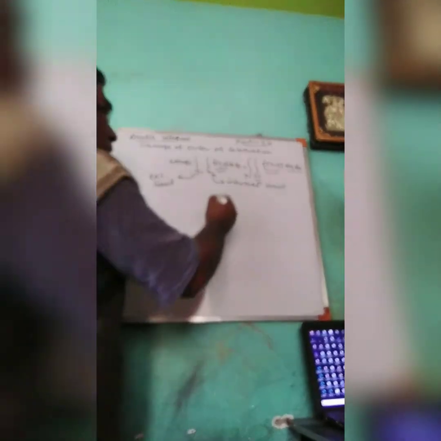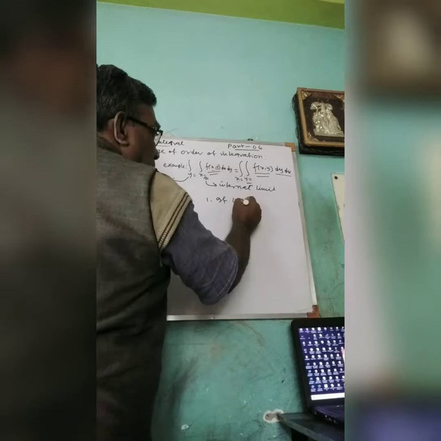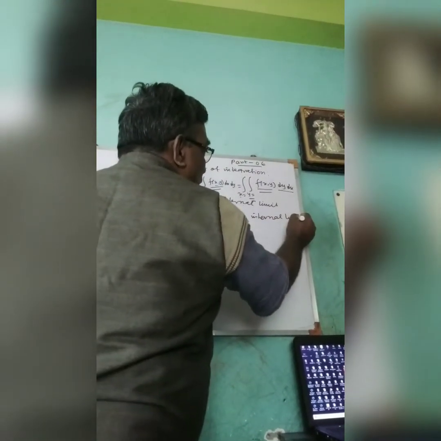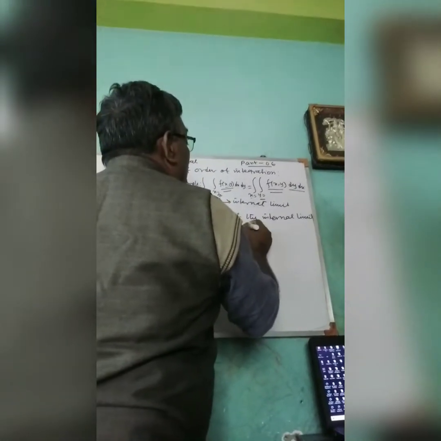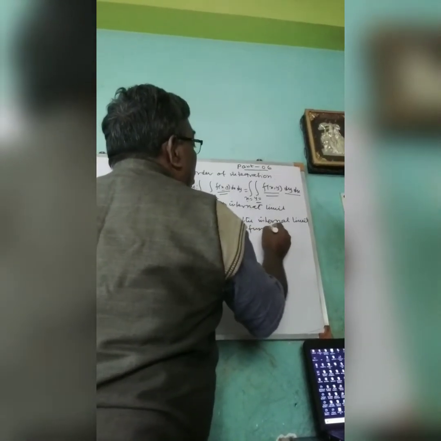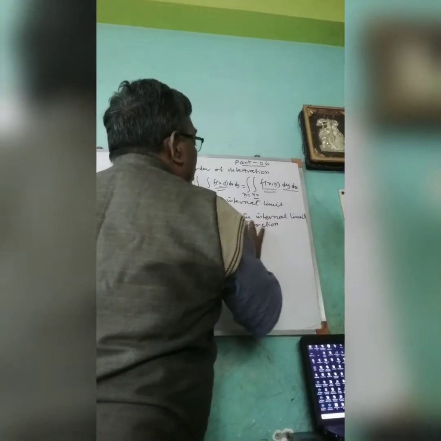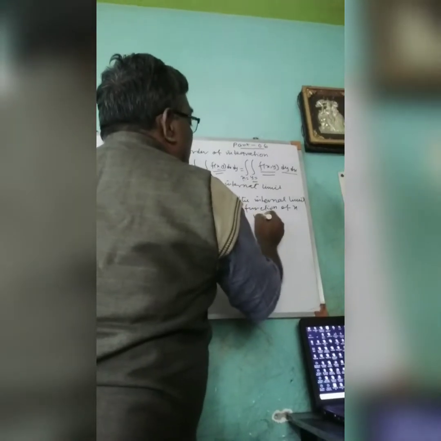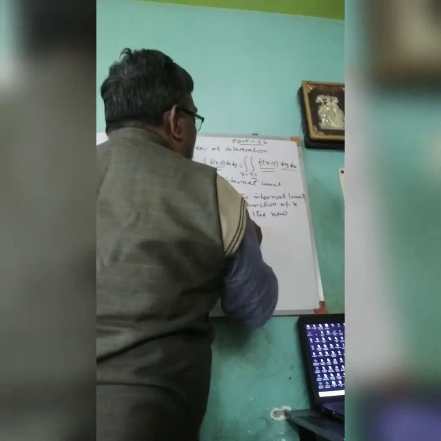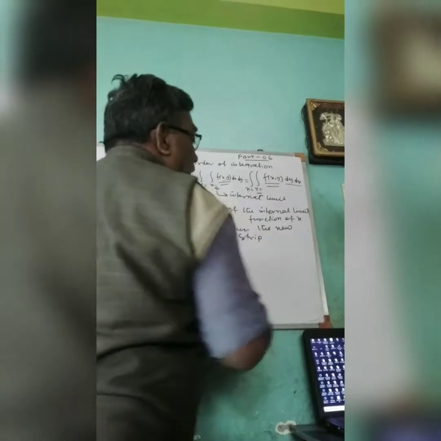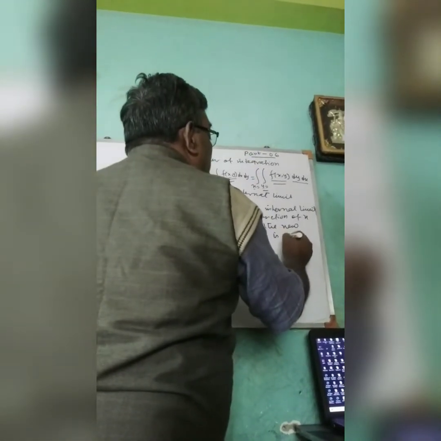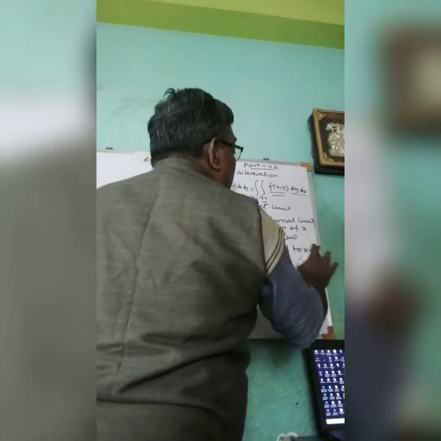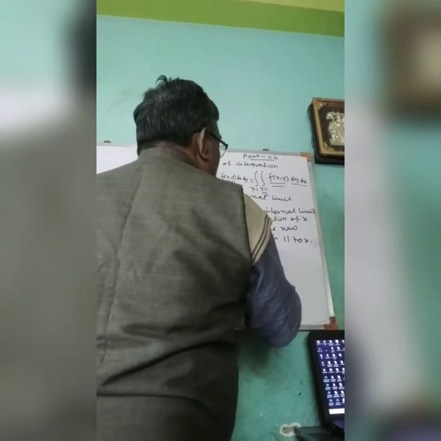Number one: if the internal limit is a function of x, then the new strip is parallel to the x-axis.